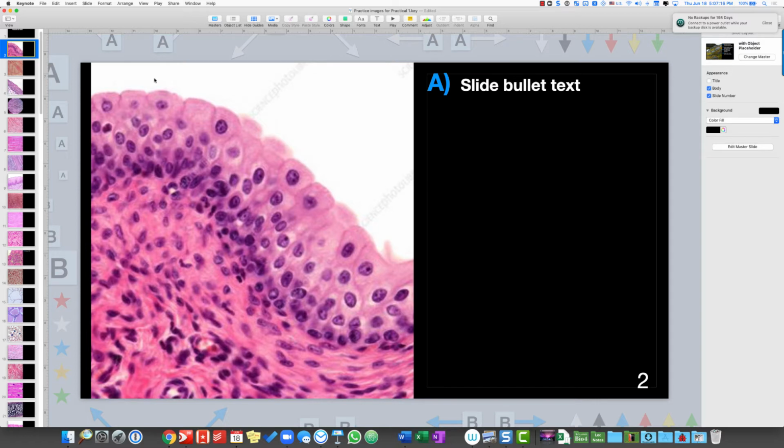So for each of these images, you should be able to identify the tissue, whether it's field of view or end of pointer. And then you should be able to identify the major structures or cells or fiber types, whether the arrow is pointing to it or if you're asked to state the predominant type of cell or the predominant type of fiber.